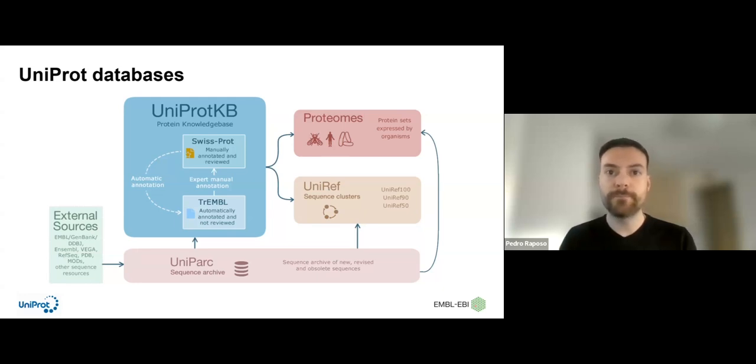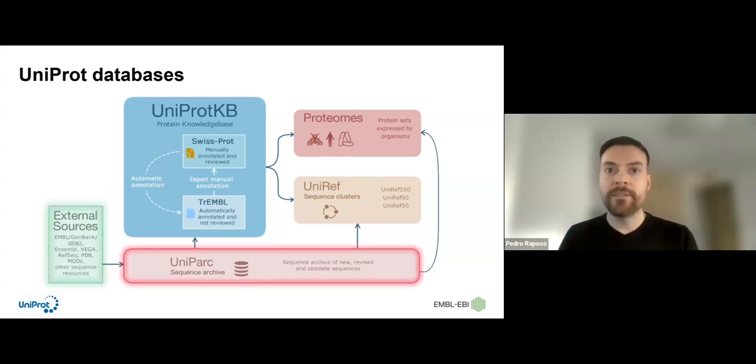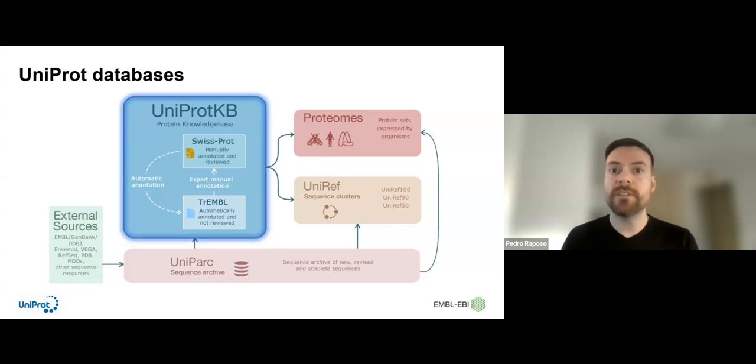So as a short summary, we will start by importing information externally from databases such as ENA or GenBank. And after that, we will archive those proteins as protein sequences in UniParc. And then we transform those protein sequences into UniProt knowledge base accessions, or UniProtKB accessions, where these protein sequences are going to get annotations.